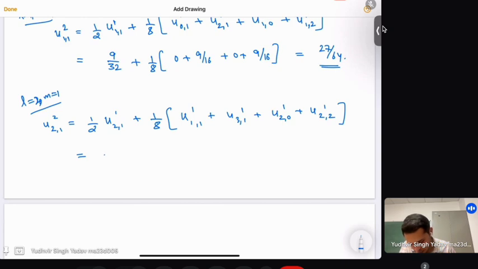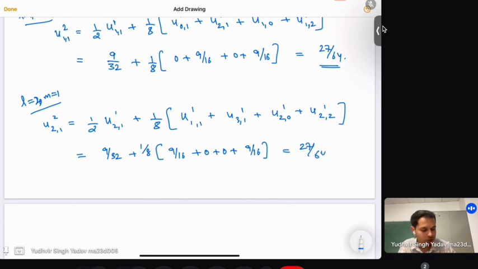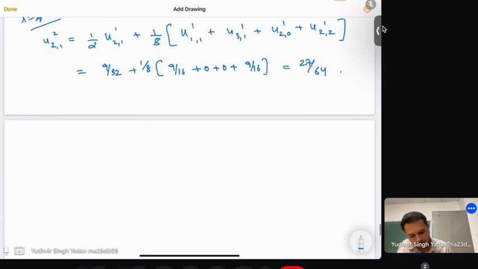Now substituting these values, we will get 9 by 32 plus 1 by 8 times 9 by 16 plus 0 plus 0 plus 9 by 16, which will be again equal to 27 by 64.